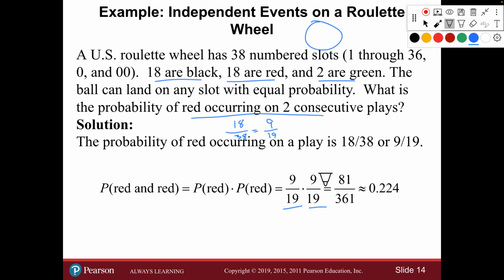So that's where the 19 comes from. You might not have seen that. Then we multiply those together. 9 times 9 is 81. 19 times 19 is 361. Divide it and you get this decimal, or like I like to think of it, 22.4%. Okay, so I can have a feeling for that, getting 2 reds in a row.